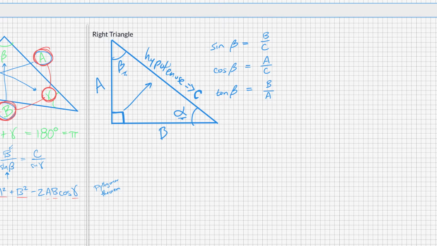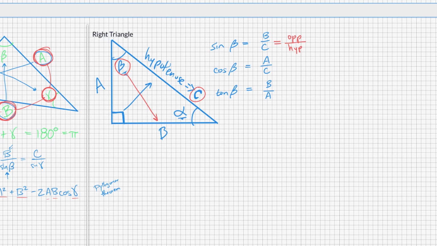So in this case, we're going to work with beta here. The sine of beta equals B over C. That is the side opposite the angle, over C, which is the hypotenuse.